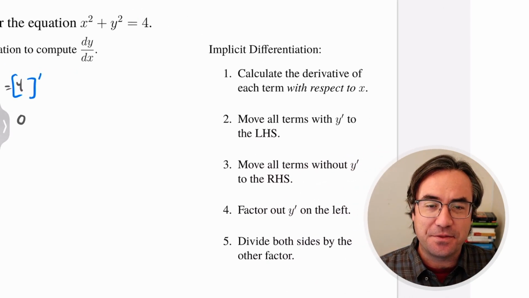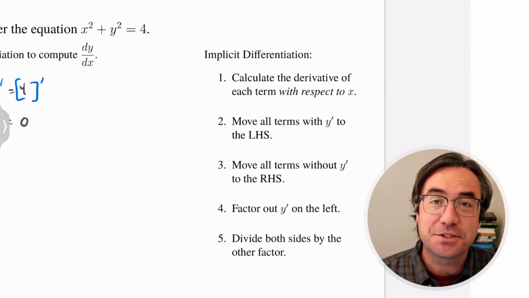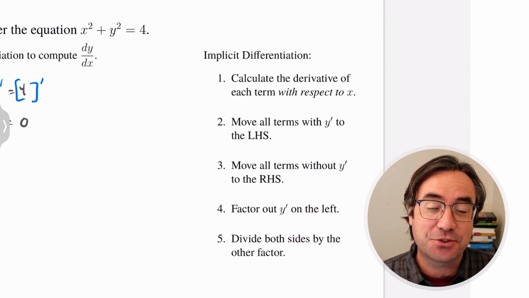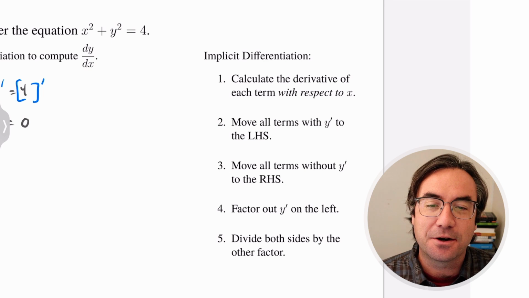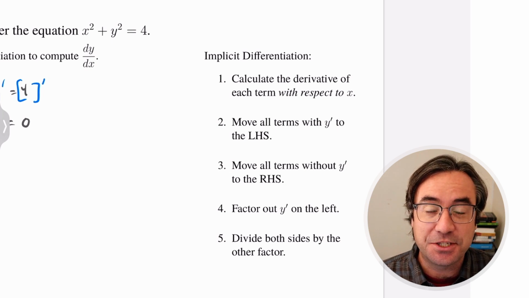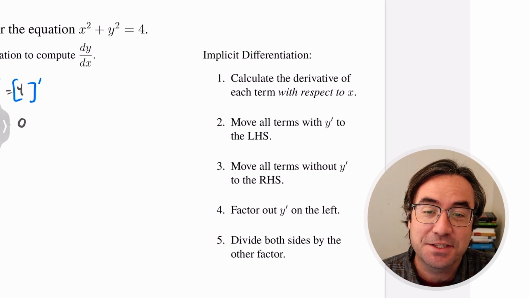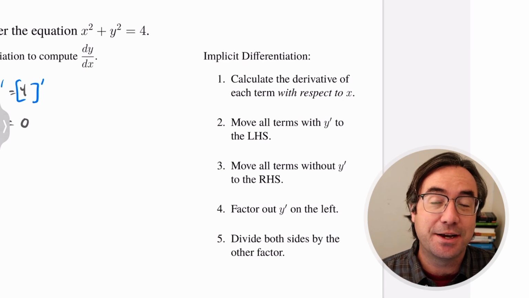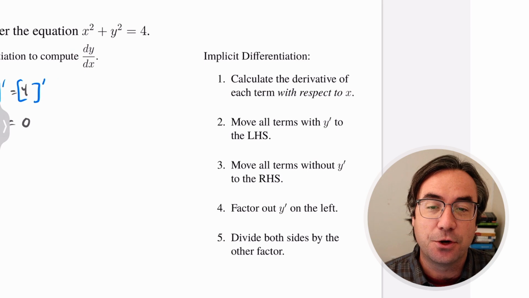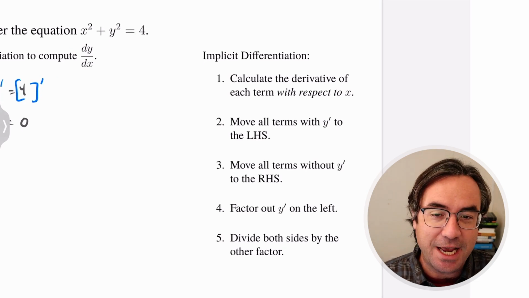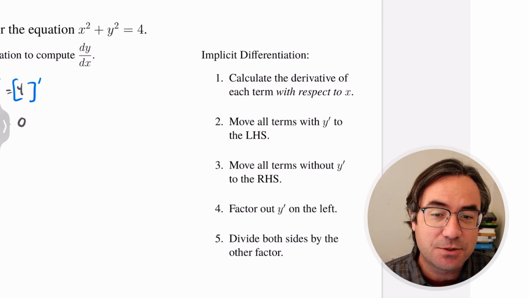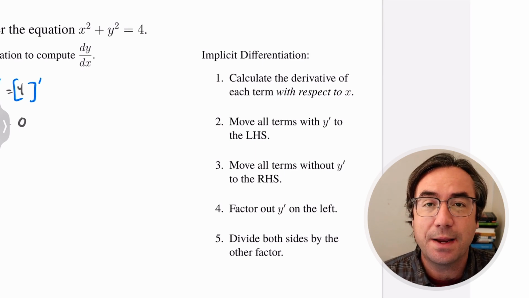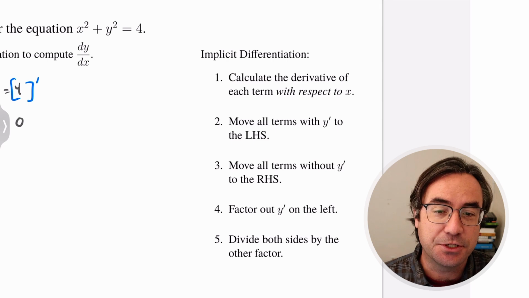So the other steps in this strategy are solving for y prime. That's usually the most difficult part of these, to actually isolate y prime. Once we are done differentiating, the second step is we want to move all terms with y prime to the left-hand side of our equation.